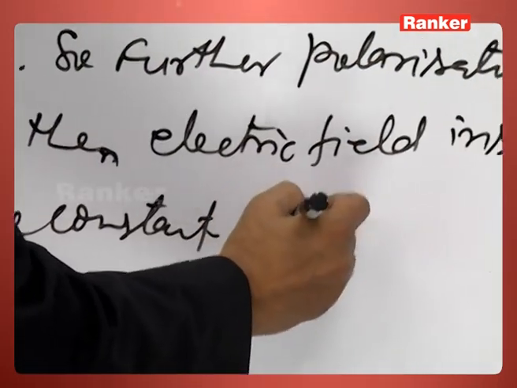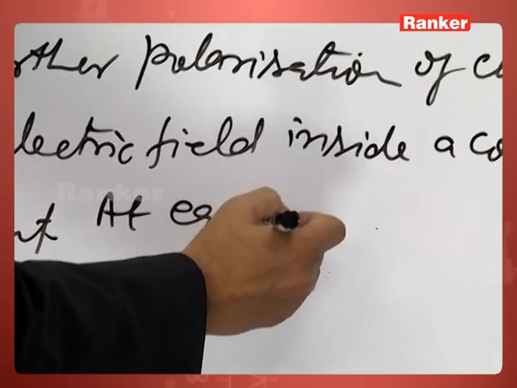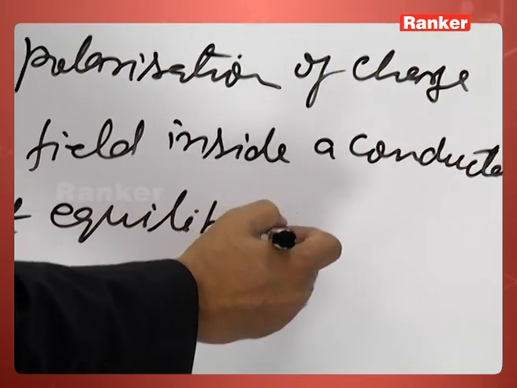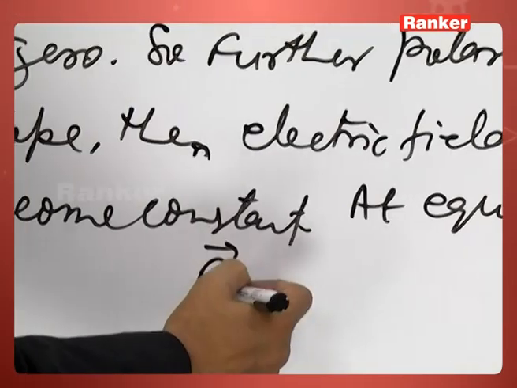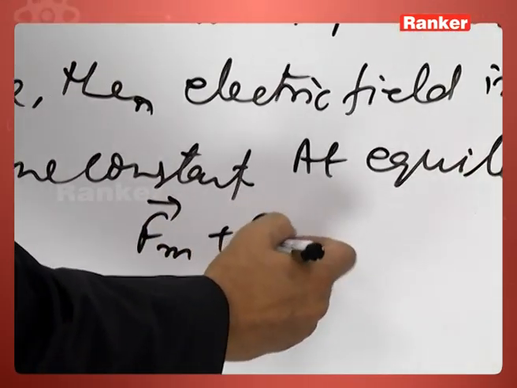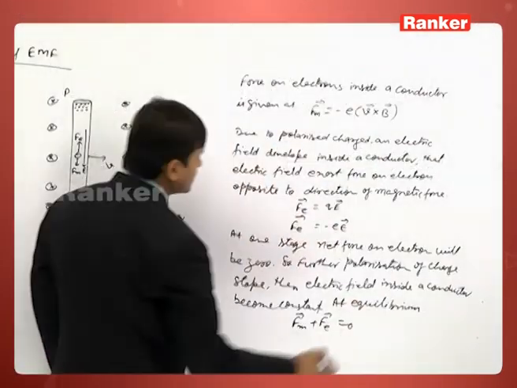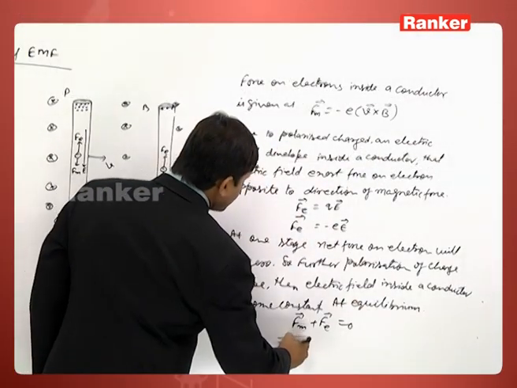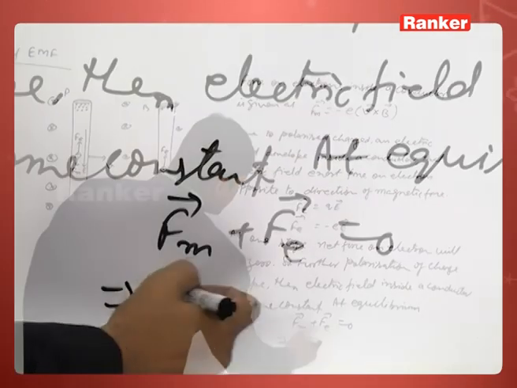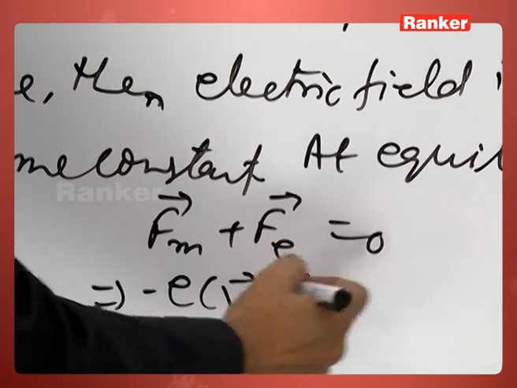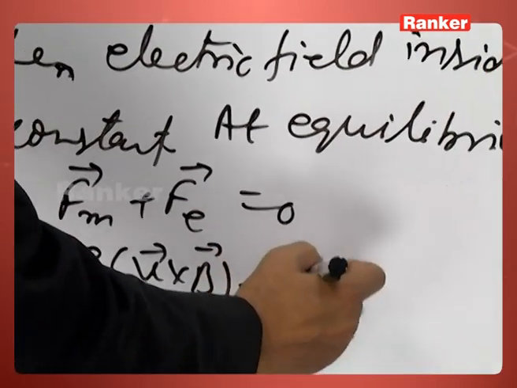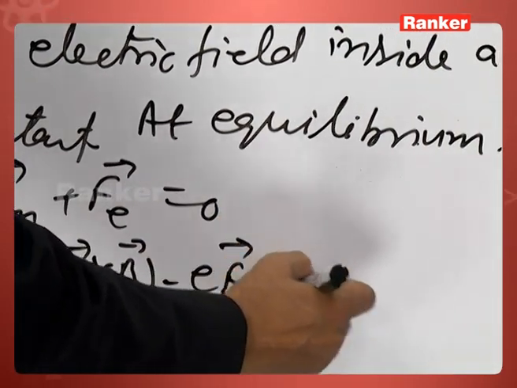So we can write at equilibrium, F magnetic plus F electric is equal to 0. F magnetic is minus e V cross B, and F electric is minus eE, and the sum is 0.